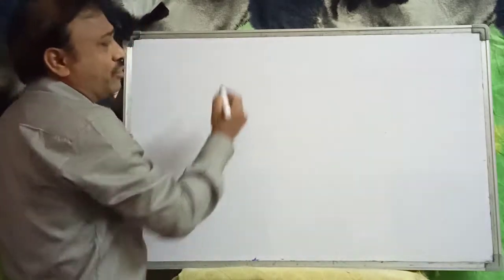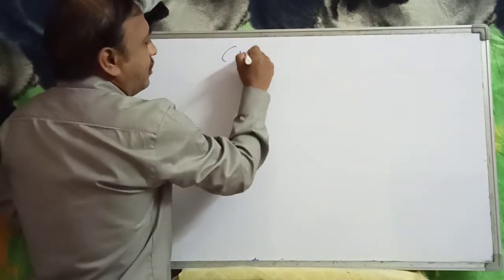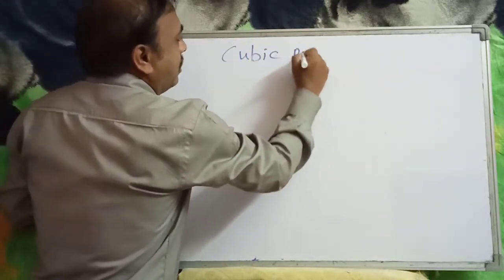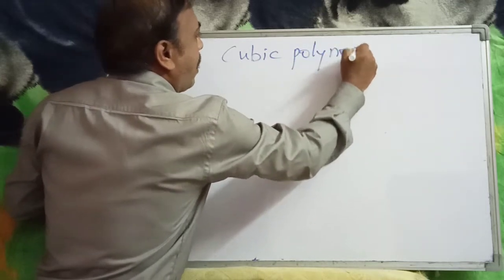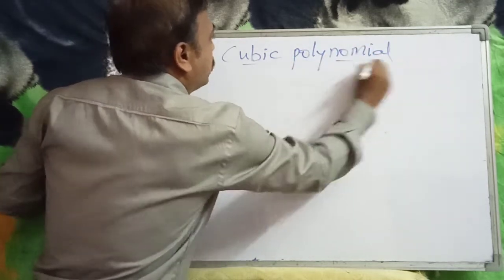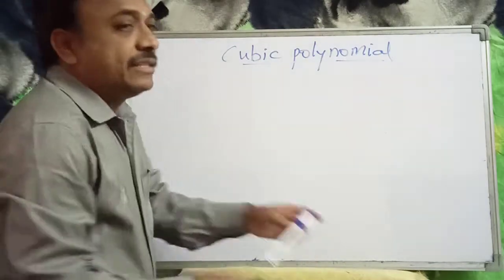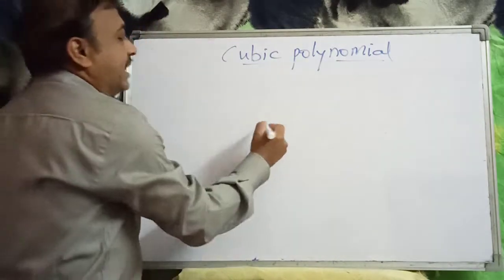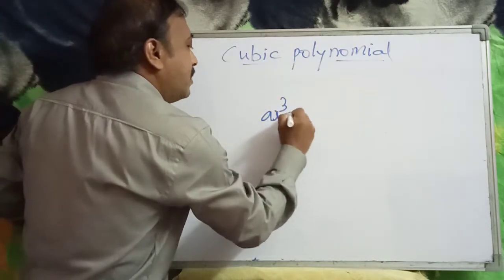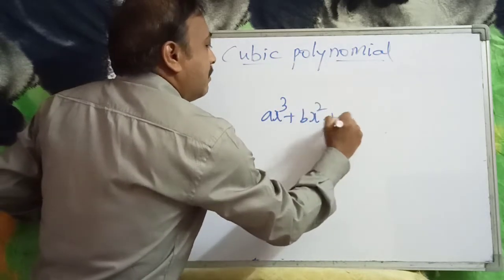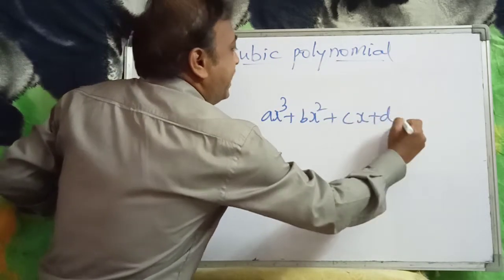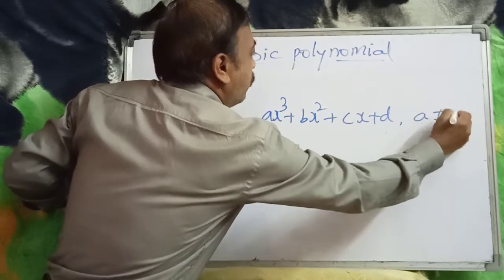So the general form of a cubic polynomial is ax cube plus bx square plus cx plus d, where a is not equal to 0.